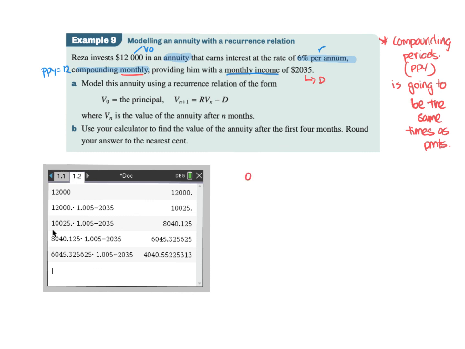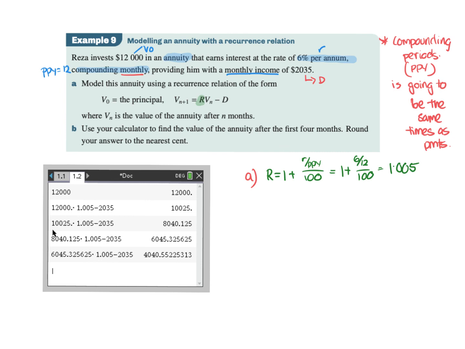So the first one says model this annuity using the recurrence relation. Of course, we need to find out that R value first. So the R value is 1 plus the rate over PPY over 100. In this case it's 1 plus 6 over 12 over 100, which ends up equaling 1.005.